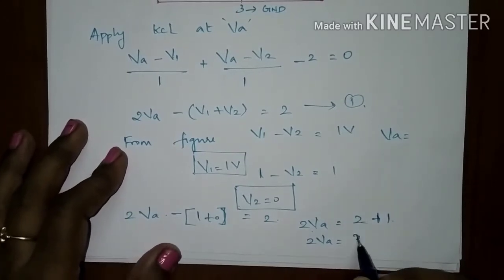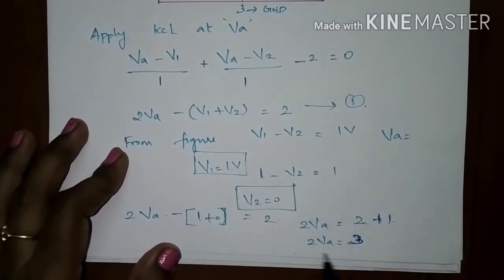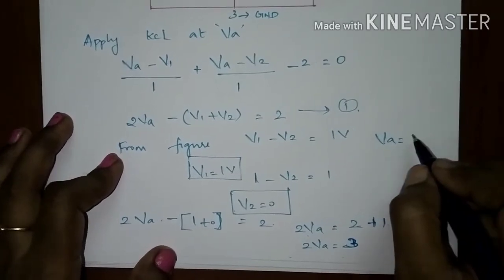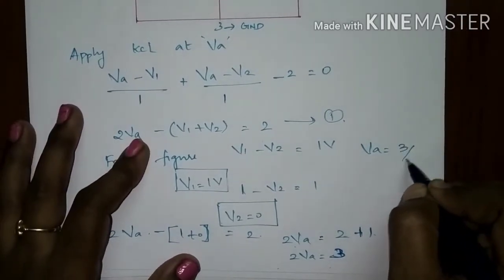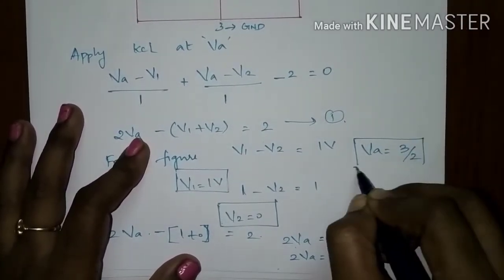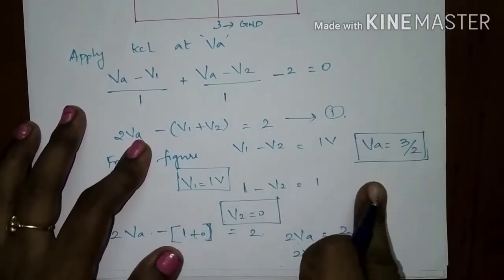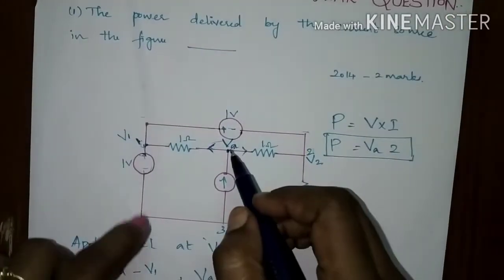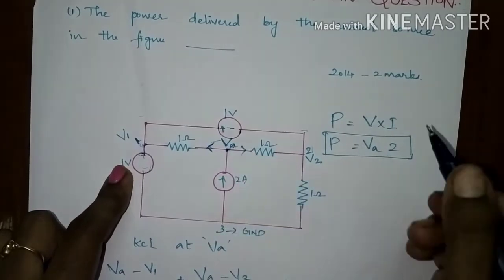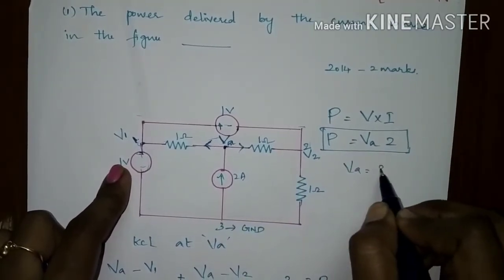So, 2 VA is equal to 3. So, VA is equal to 3 divided by 2. Right? The potential of VA at this point is 3 divided by 2.